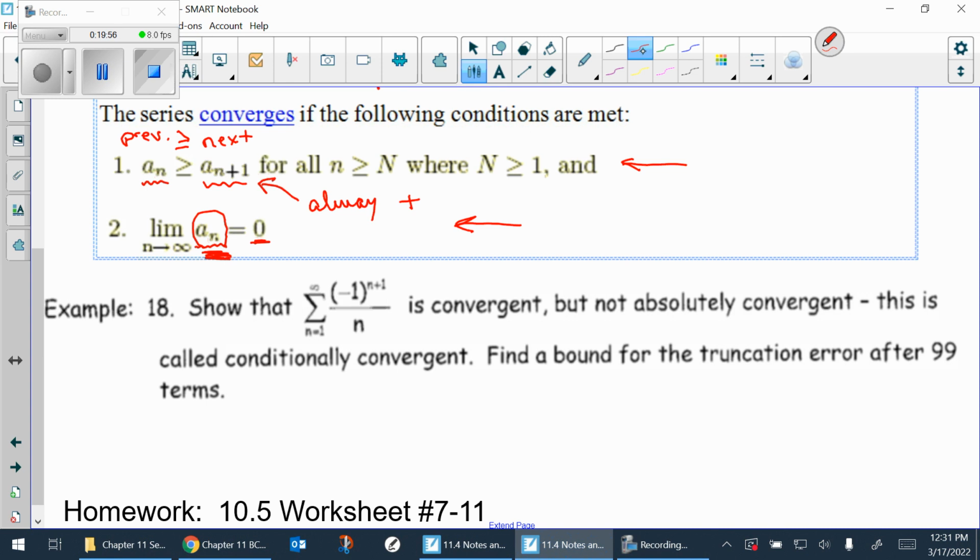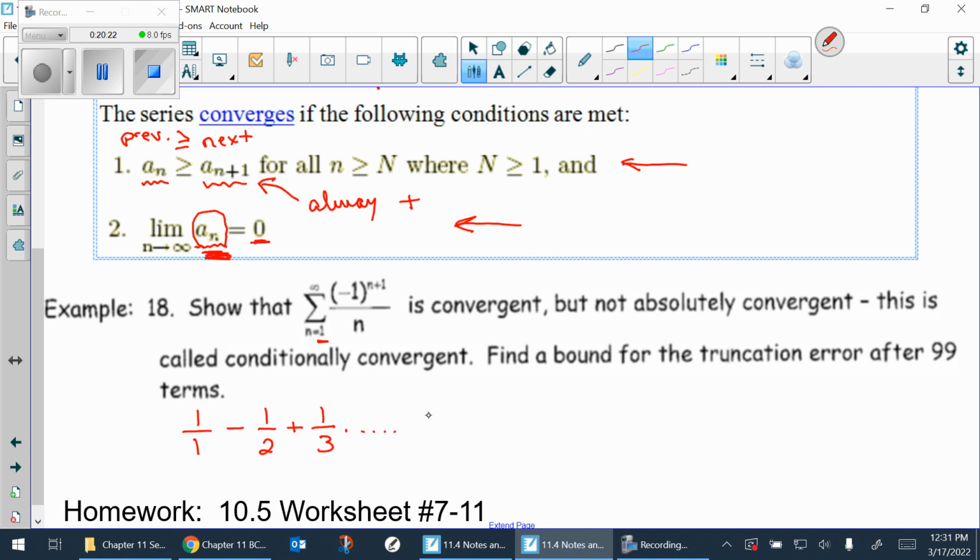If you put a 1 in there, negative 1 squared is 1 over 1. And if I put a 2 in there, the top is going to be negative 1 over 2. Next, if n is 3, we're going to have positive on top and a 3 on the bottom. And it's going to keep going and going and going like this.